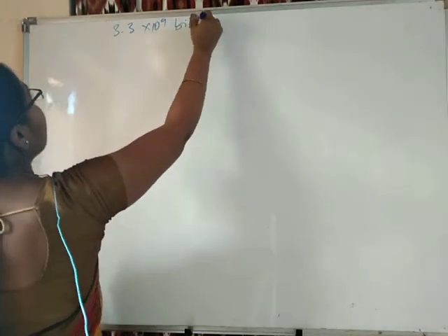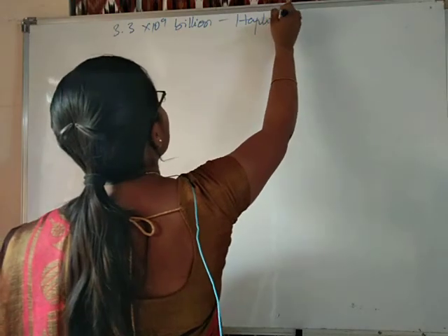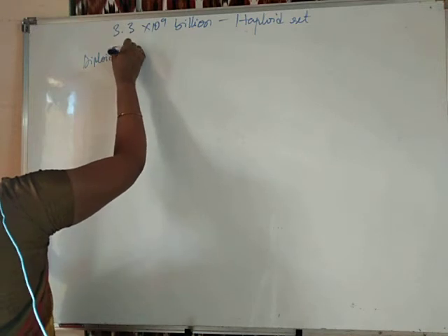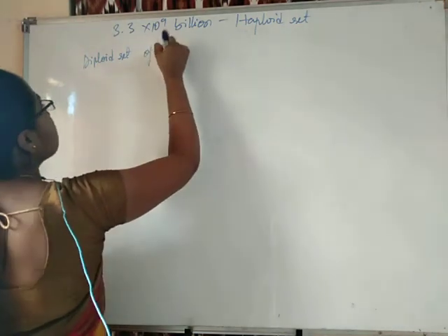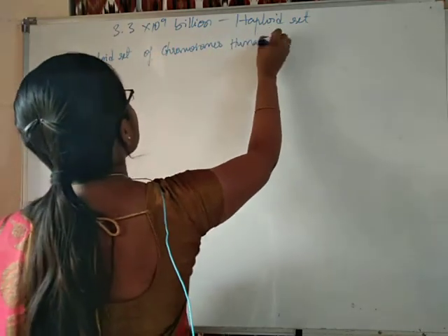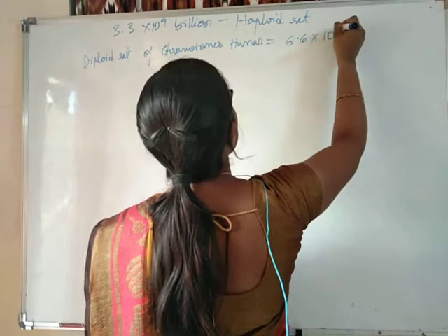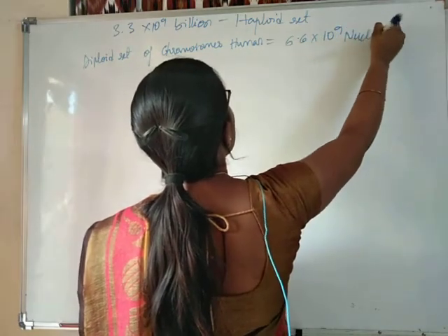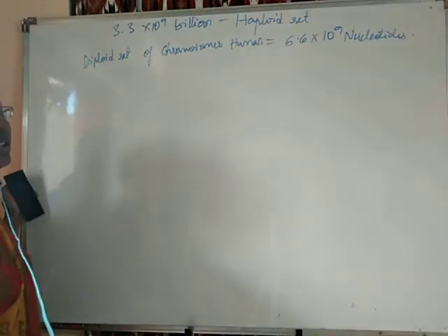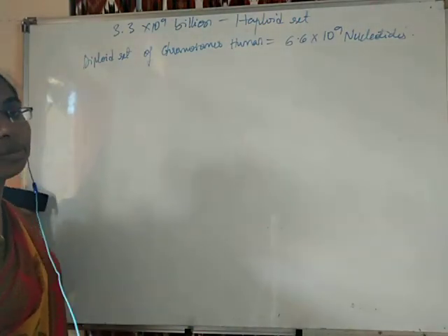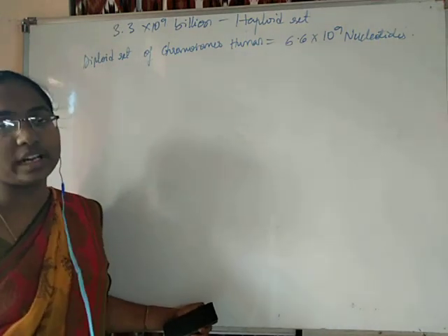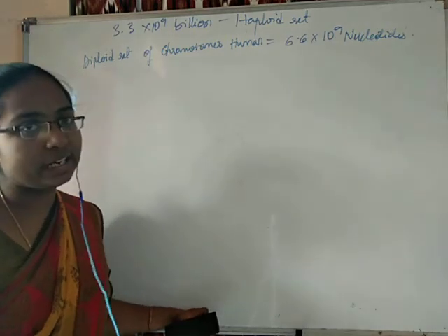When we take a diploid set of chromosomes, then a human consists of 6.6 into 10 to the power of 9 nucleotides, right. If we multiply the distance between the nucleotides by the number of nucleotides, then we can obtain the length of DNA.